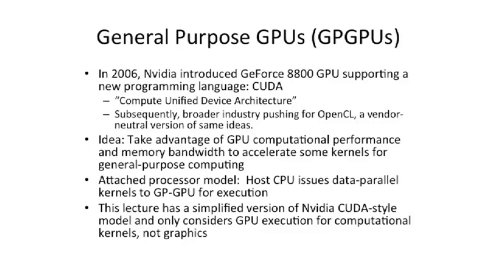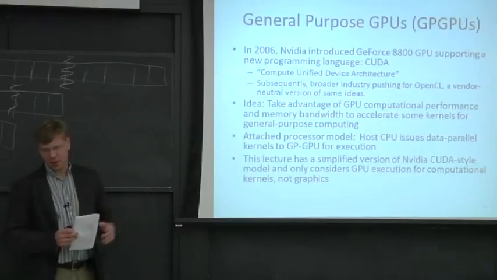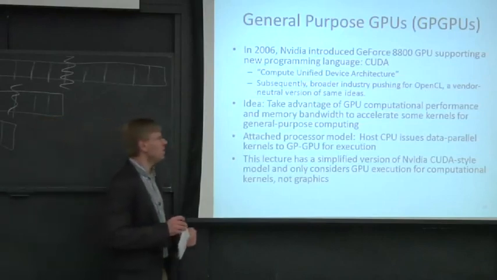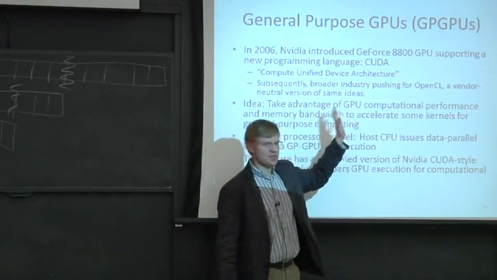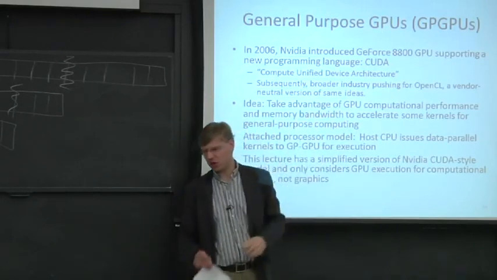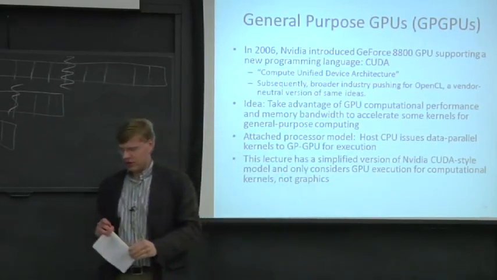This was not the first foray into this. There were some research languages and some ideas that predated this. But the programming model for GPGPUs is a little bit strange. It's a threading model, and we're going to talk about that in a little bit more detail.